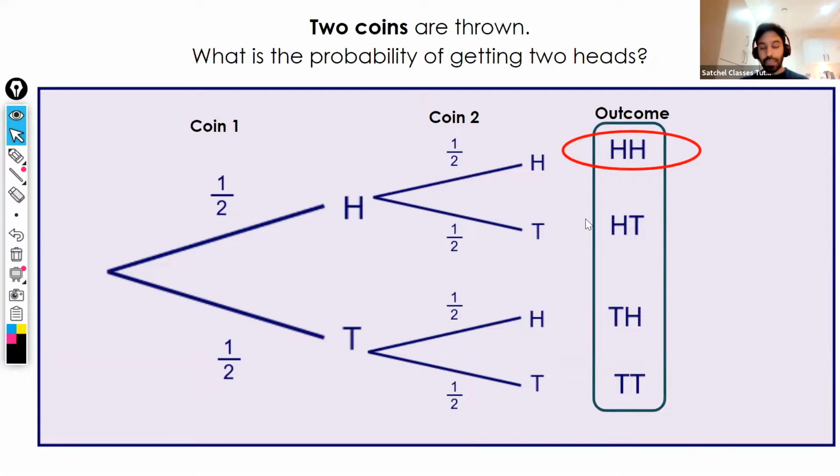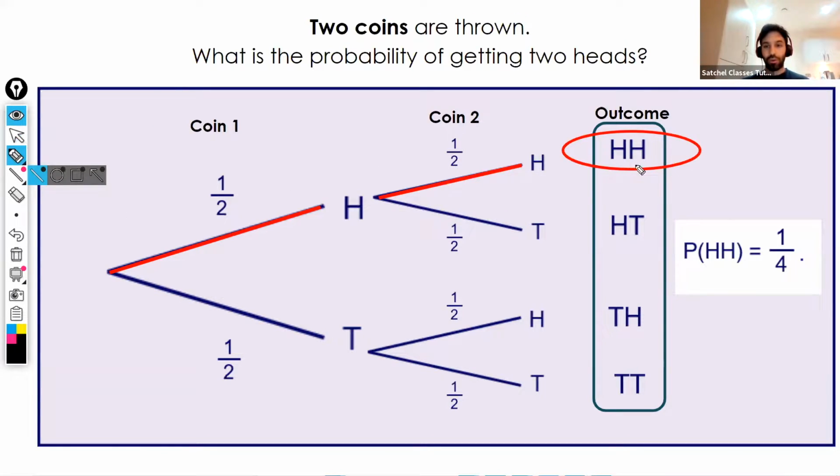Now, we could have worked this out a quicker way. Because we want heads, heads, we're going down this branch and then this branch again. So if we look at the red lines, as we go across the branches, we simply need to multiply the probability. So the probability of heads would be a half multiplied by a half, which is a quarter.